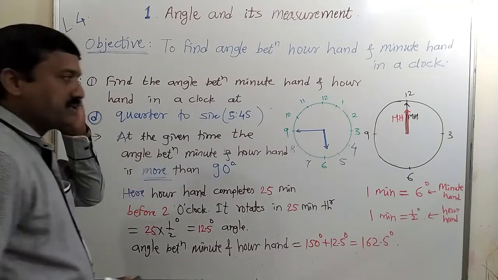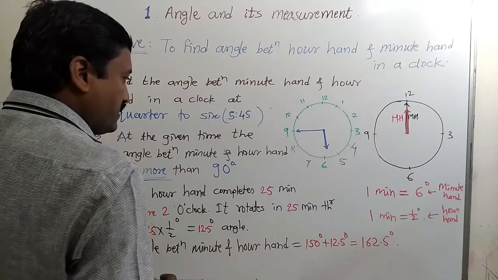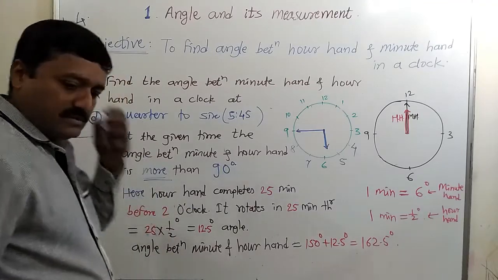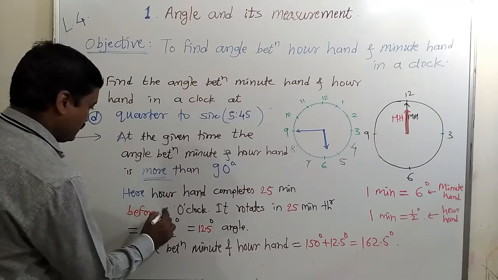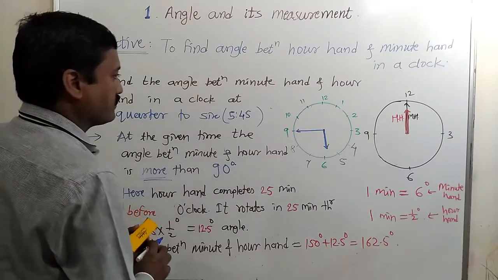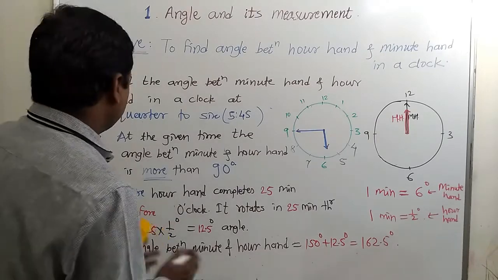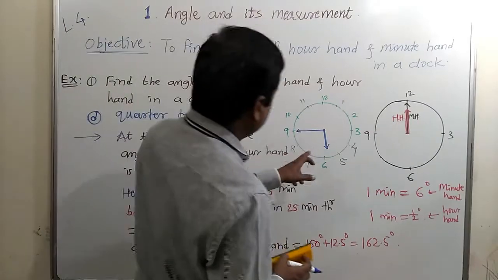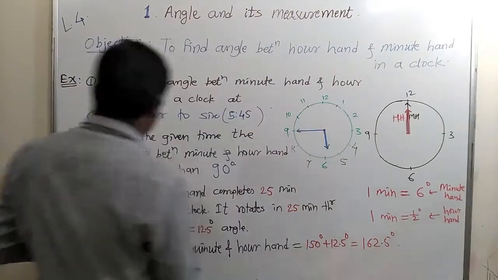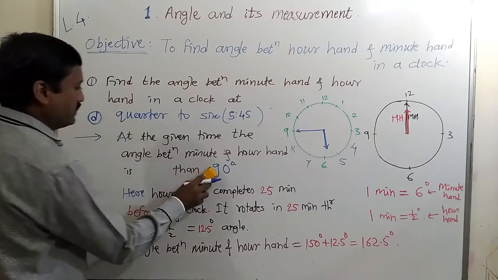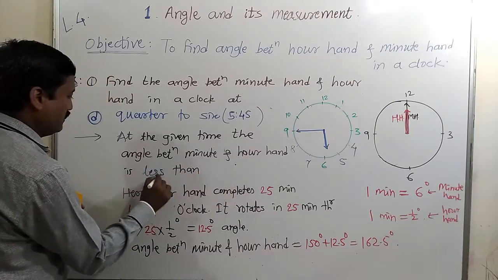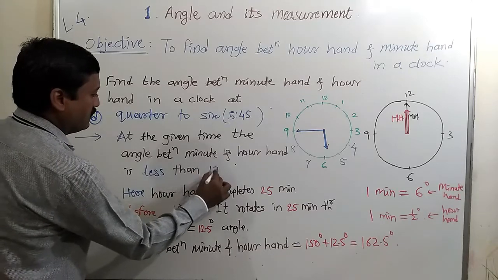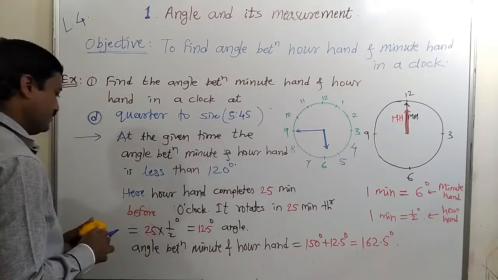Or you can write it is less than 30 into 4, 120 also. Let us use that method of less. It is less than 120 degree.